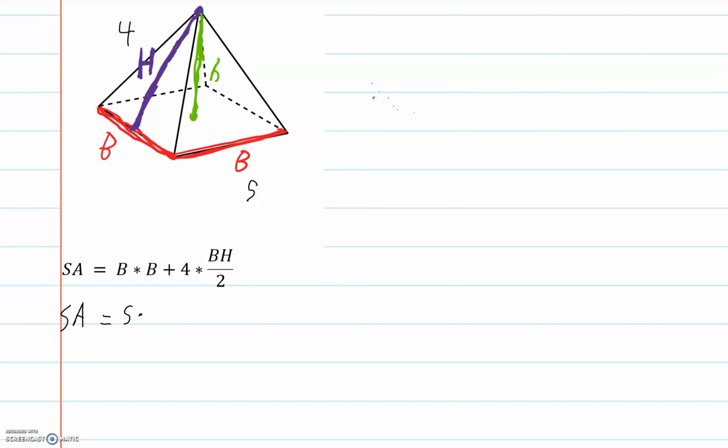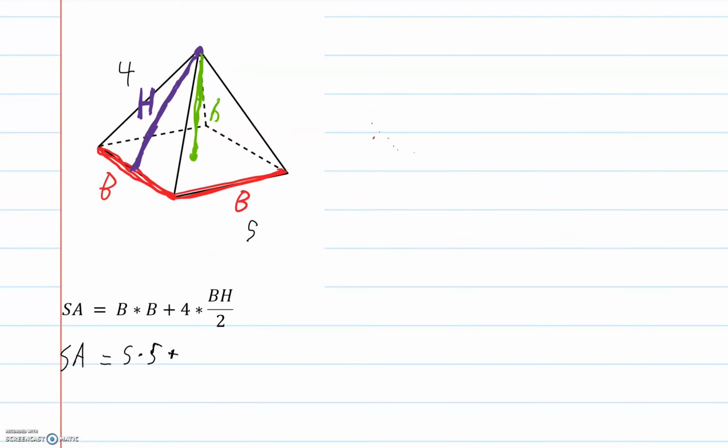Base times base plus, and then we'll go through it in a second here, 4 times base, which is 5 up here, times height, which is another 4, and divided by 2.